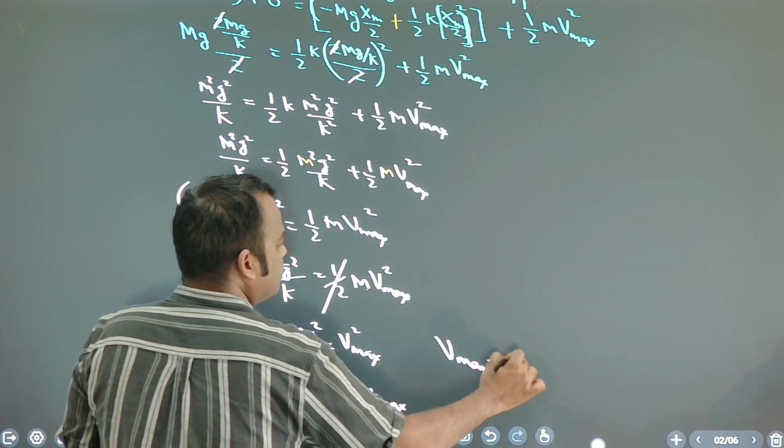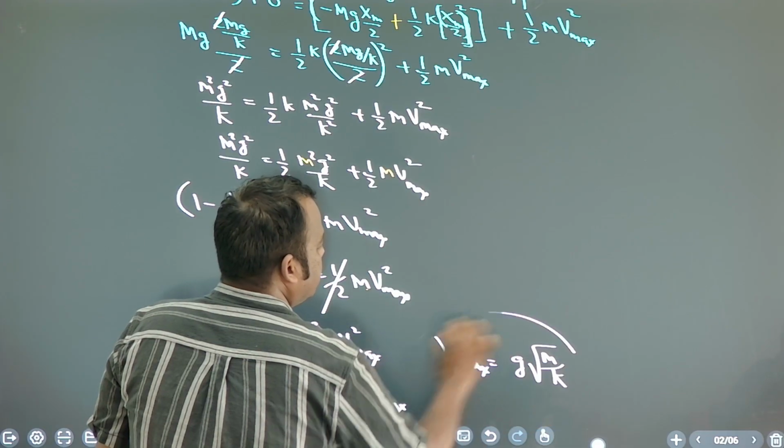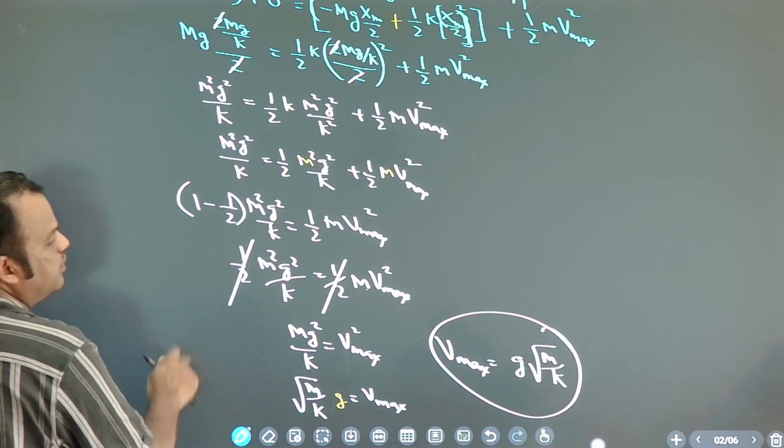So g square root m by k. So this is the maximum speed.